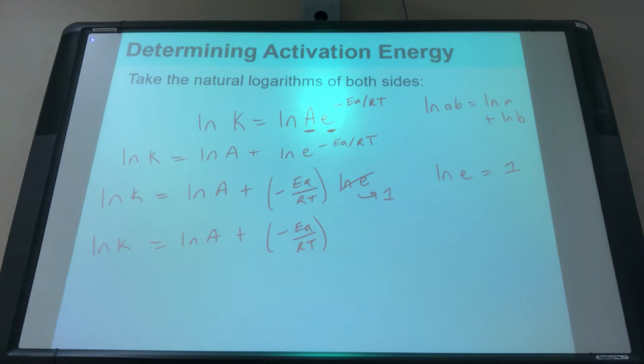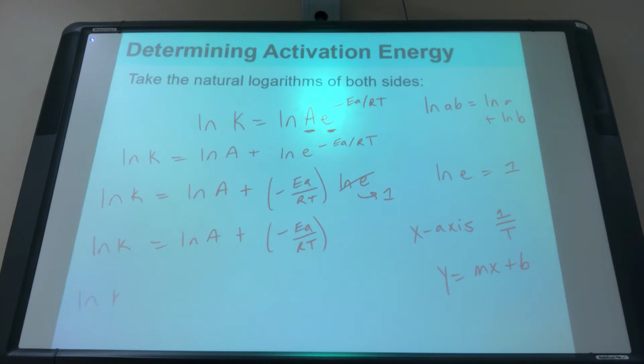Now we also want to rewrite this because I want the x-axis to be 1 over T. If we're trying to do y equals mx plus b, let me put the term with T first.